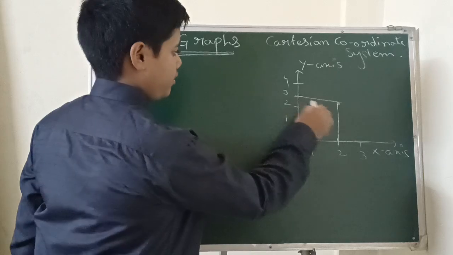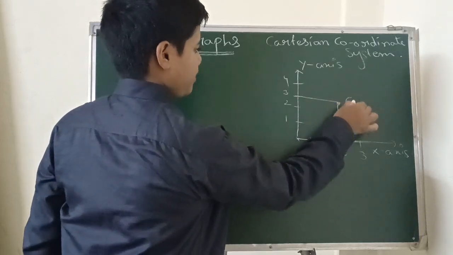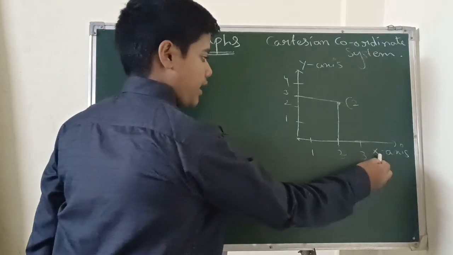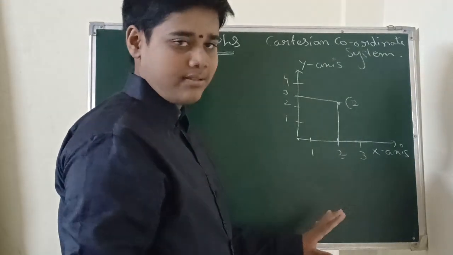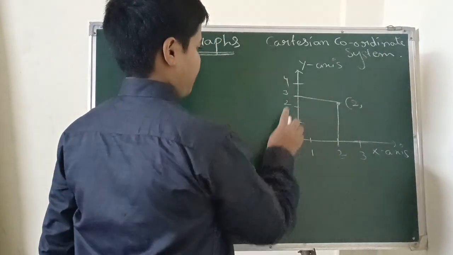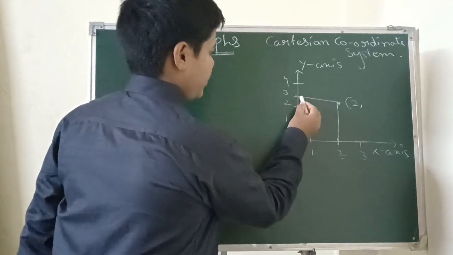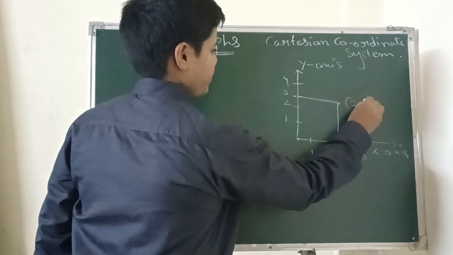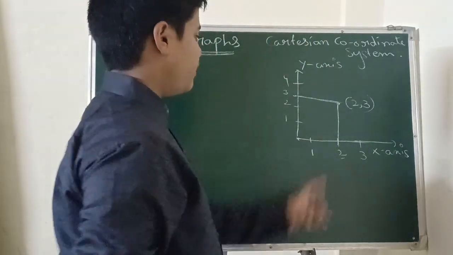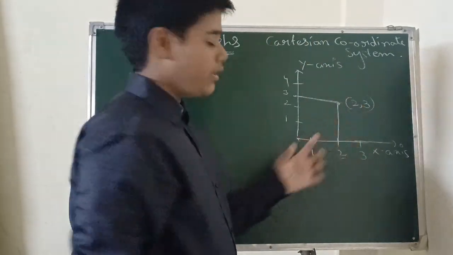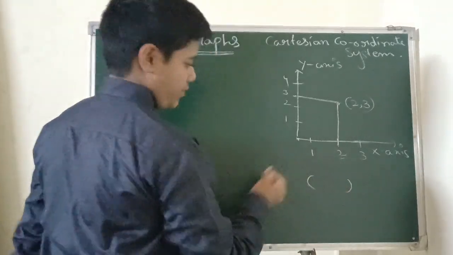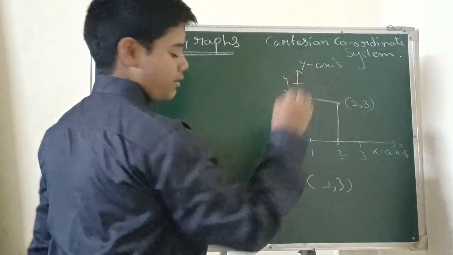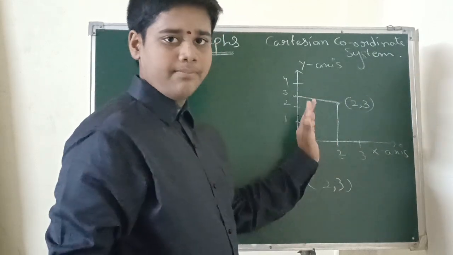Okay. So this point, the measure is, first we have to write the number 2. We have to start with the number of the x-axis. So 2, and here this is 3, so this is the y-axis number. So this is (2, 3). This is an ordered pair, which we represent in small brackets, and we have to write the numbers of this xy plane.